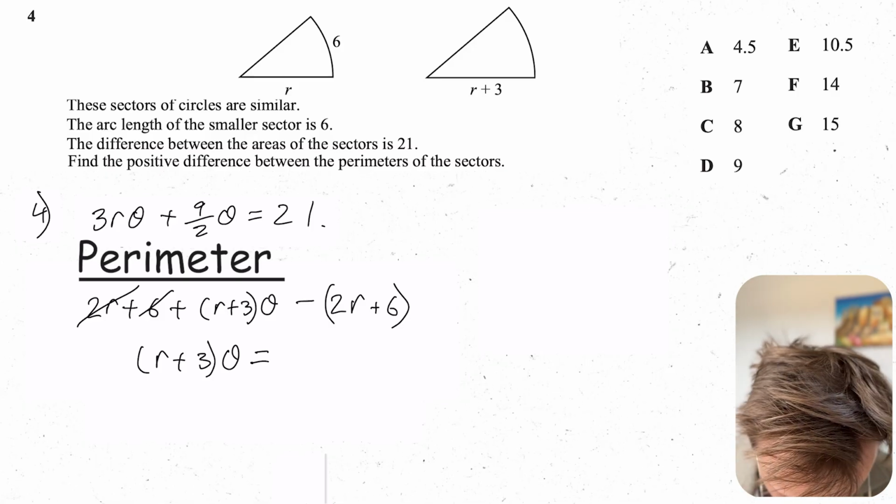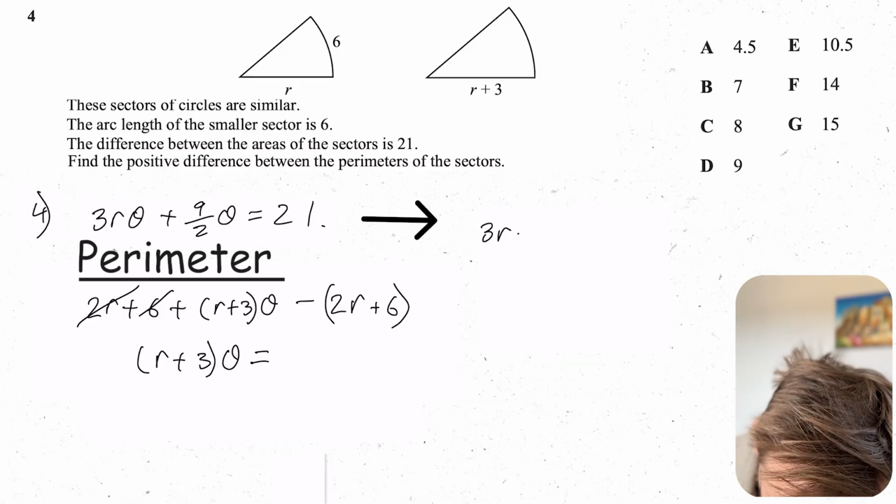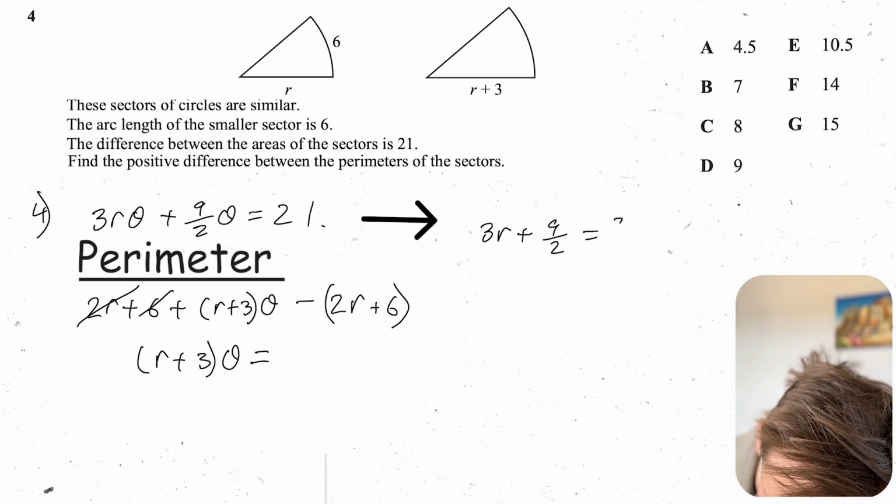So does theta actually matter? So I've got 3r plus 9 over 2 is equal to 21 over theta.